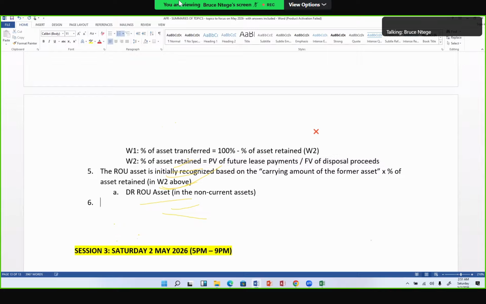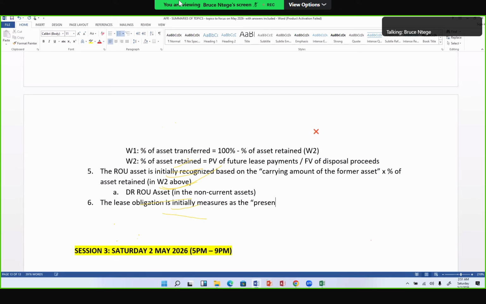So number 6, lease obligation is initially measured as the present value of the future lease payments, and this will usually be given.